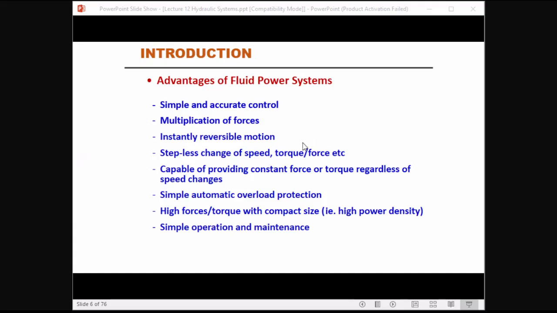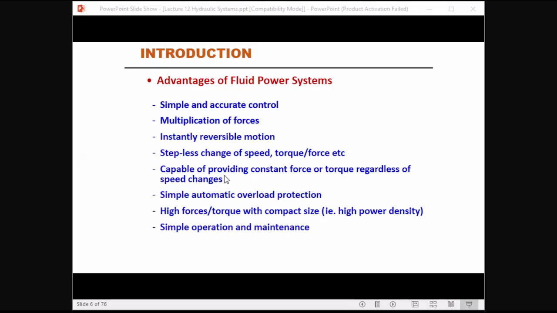Okay, stepless change of speed, torque, or force. Stepless change of speed mean fluid power system provide smooth and continuous variation in speed, torque, and force, allowing adjustment during operations.